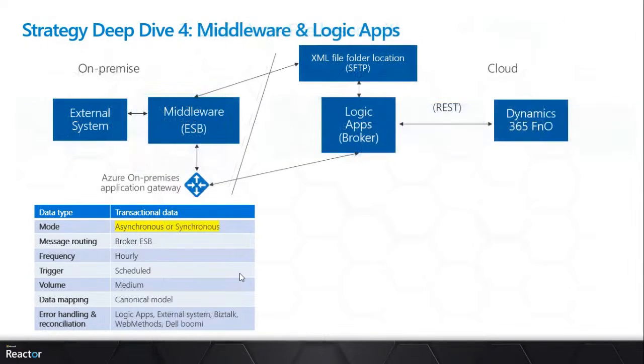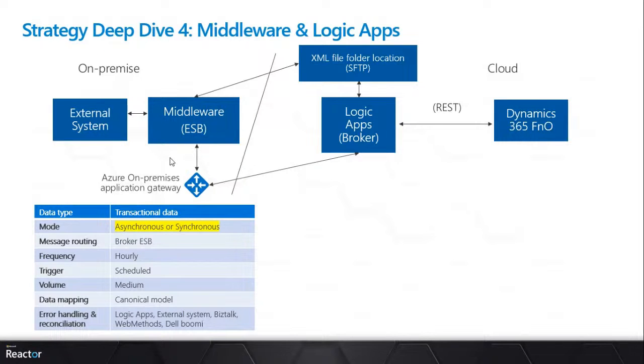The next strategy deep dive, strategy number 4, is the middleware and the Logic App. And now, as you can see, this one is more complex than the previous strategies 1, 2, and 3, right? The complexity involves a customer who is already having middleware running in their on-premises, and they are trying to leverage the FNO data with the help of the existing middleware ESB, whether it's webMethods or BizTalk or Dell Boomi.